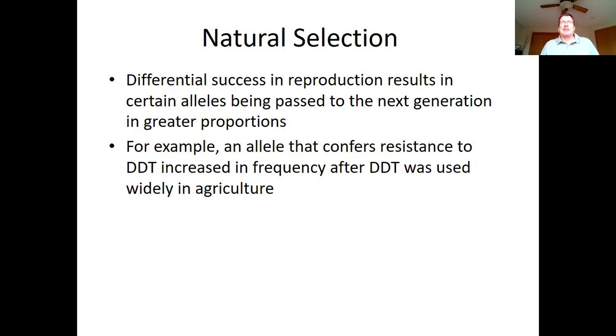For example, and this is a bit dated, I think your book talks about it, is DDT. DDT, when I was a young kid, was a pesticide that was widely used. In fact, DDT was one of those things that almost wiped out the bald eagle population. It was an insecticide, but then things would eat the insects, and DDT had a cumulative poisonous effect on the food chain because it just stayed.